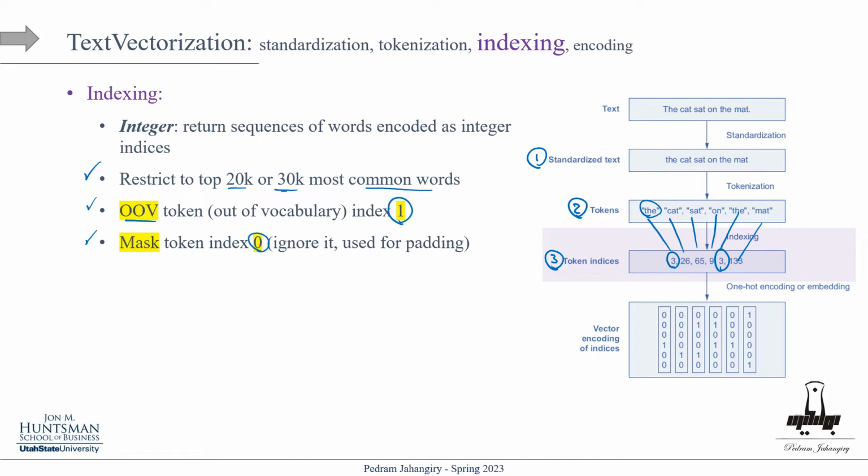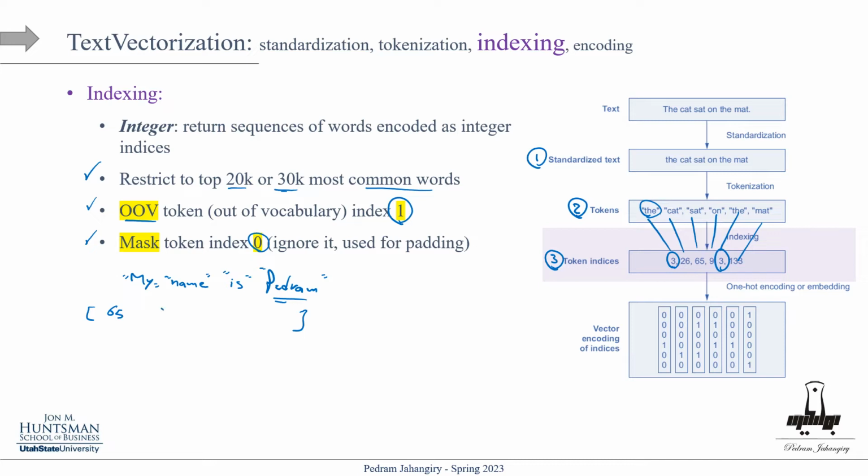So for example, if we have a sentence like, I don't know, my name is Pedram. Obviously, Pedram is not going to be among the first 20,000 common words in English. And imagine we are doing word level. Yeah, let's do word level tokenization. It's going to output something like this. I'm making up these numbers. Maybe my is, I don't know, 65.